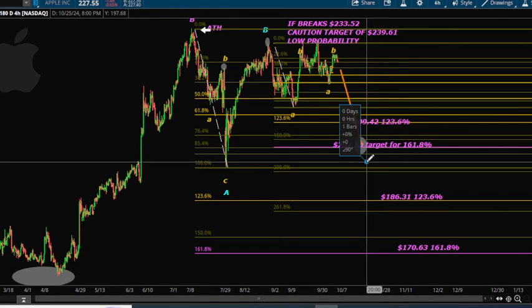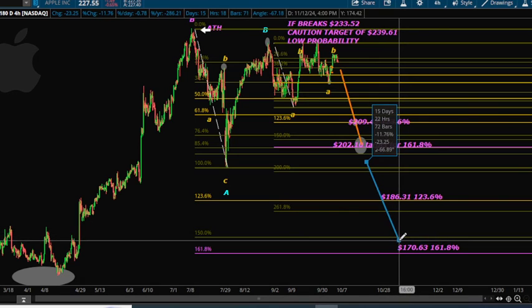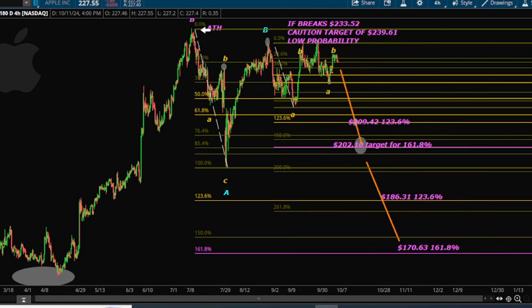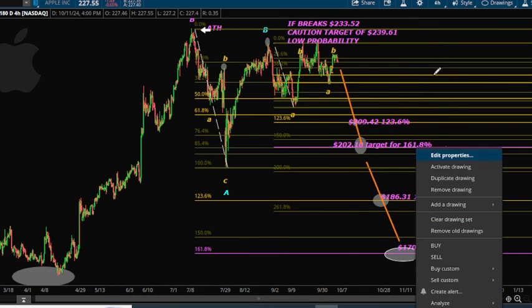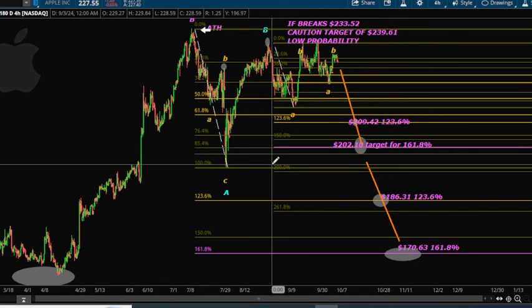And then we're just going to extend this down here and make our two little circles, one here and a bigger one here, because we think the 161.8 is the more probable target.